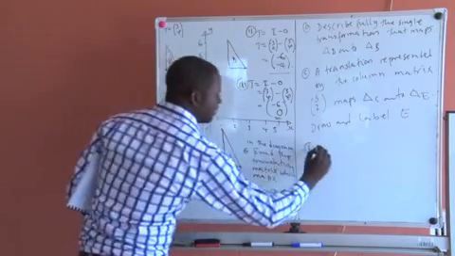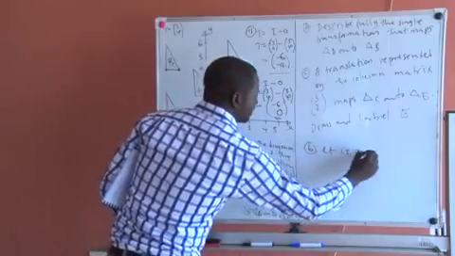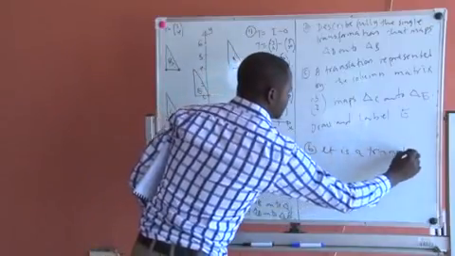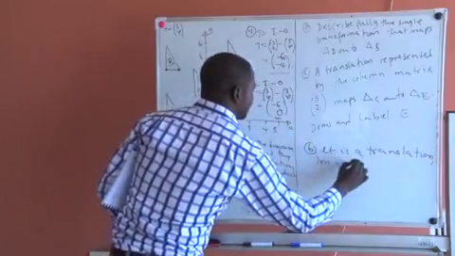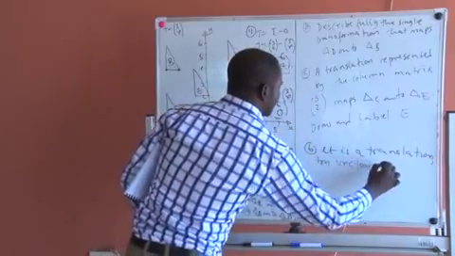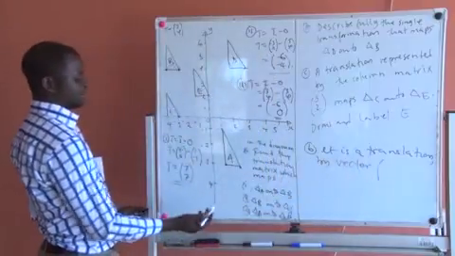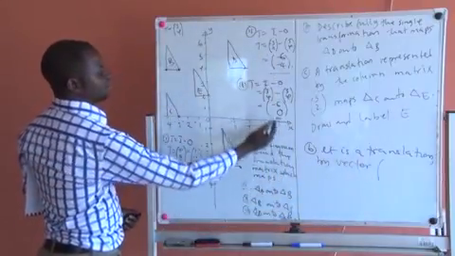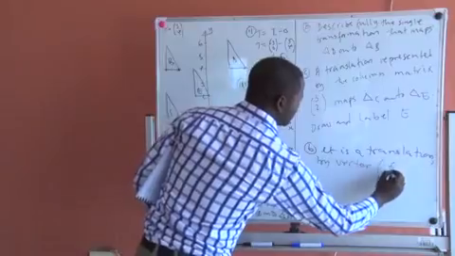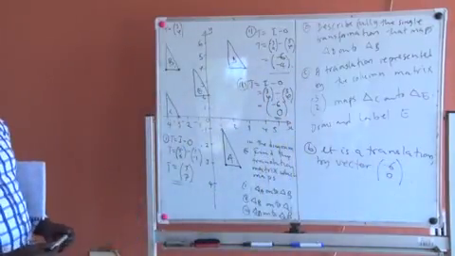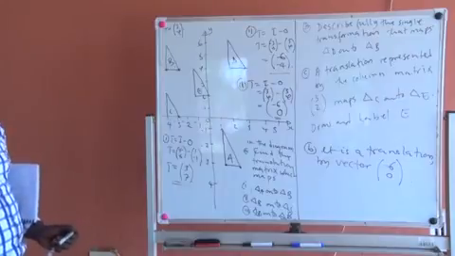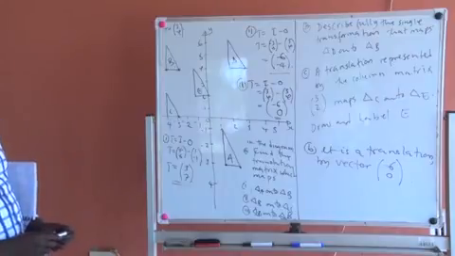So you tell them it is a translation, that's one mark. Then you say by vector. By vector, you've already calculated what maps D onto B to be negative 6, 0. There you go. So it is a translation by vector, vector 1 mark, the name 1 mark.